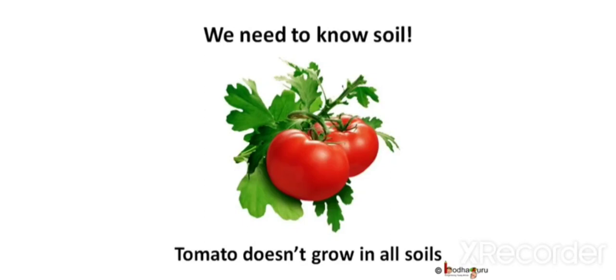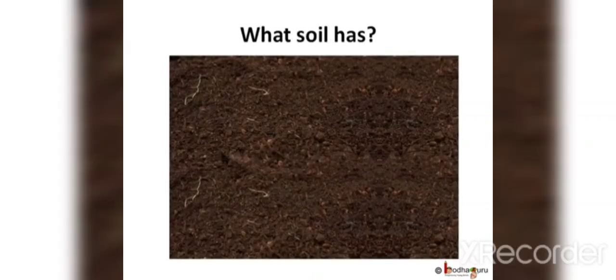If someone has a piece of land, he needs to know the soil. Otherwise, he might sow wrong seeds which wouldn't grow into a plant. You may have a garden space, but if you don't know about the type of soil, you can't make a nice garden. There are many things that make the soil fertile.